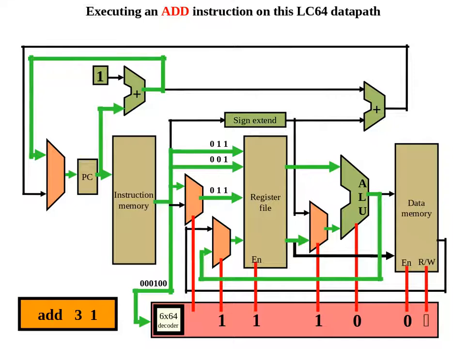And then, of course, you have out: out 0, out 1, out 2, out 3, out 4, and out 5.